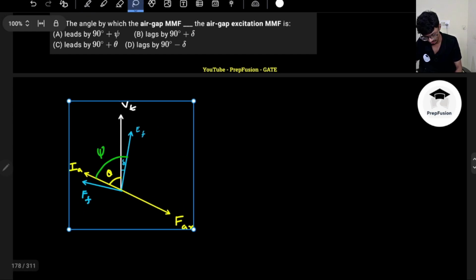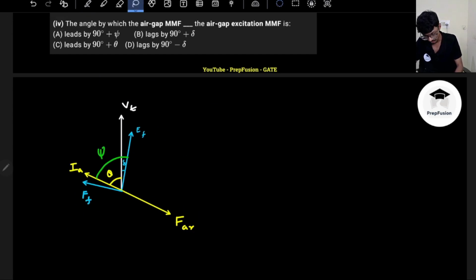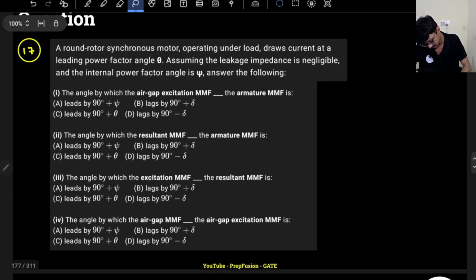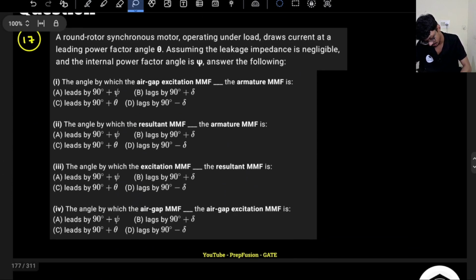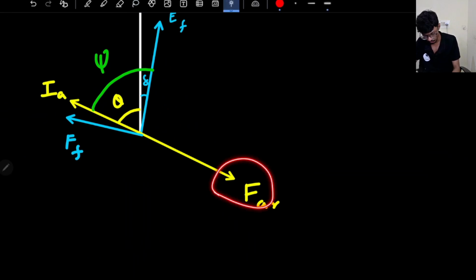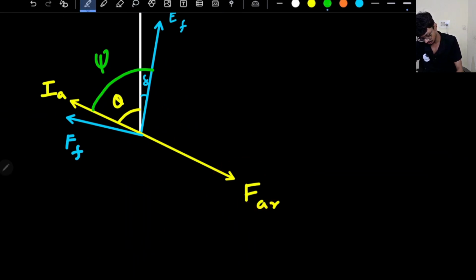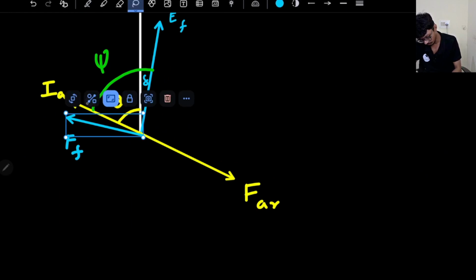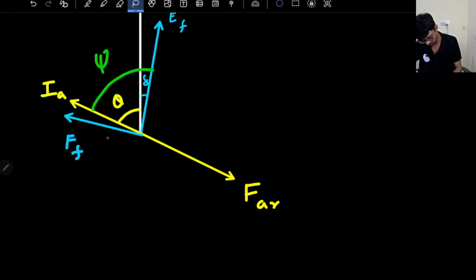Now we are very comfortable. What will be the resultant? Are they asking the resultant air gap MMF? Yes, the resultant MMF they are also asking. So what will be the resultant MMF basically? FAR will have two components: one will be cross magnetizing, one will be demagnetizing.